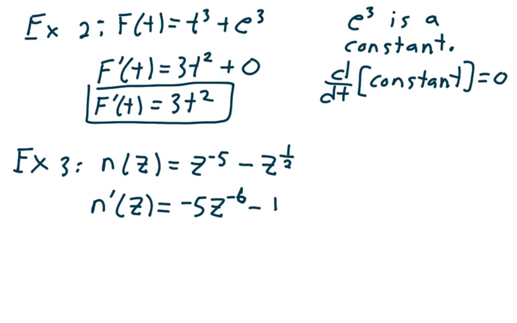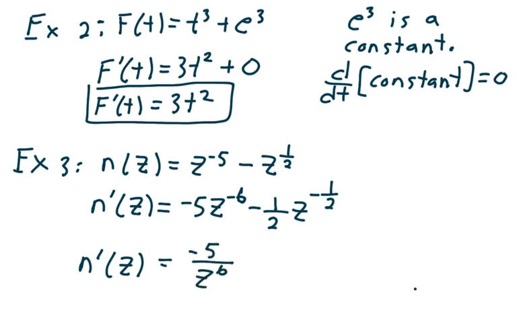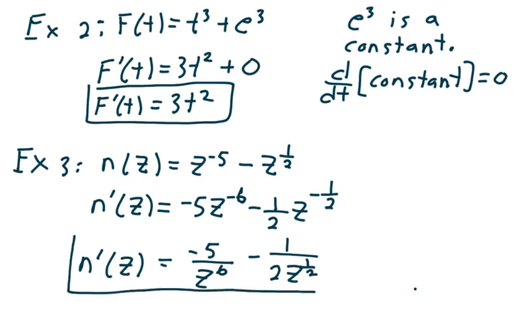And then I'm going to subtract 1/2 z to the negative 1/2. And if your instructor doesn't like negative exponents, you can say that n prime of z is negative 5 over z to the 6 minus 1 over 2z to the 1/2. And that's how you would find the derivative of n of z.